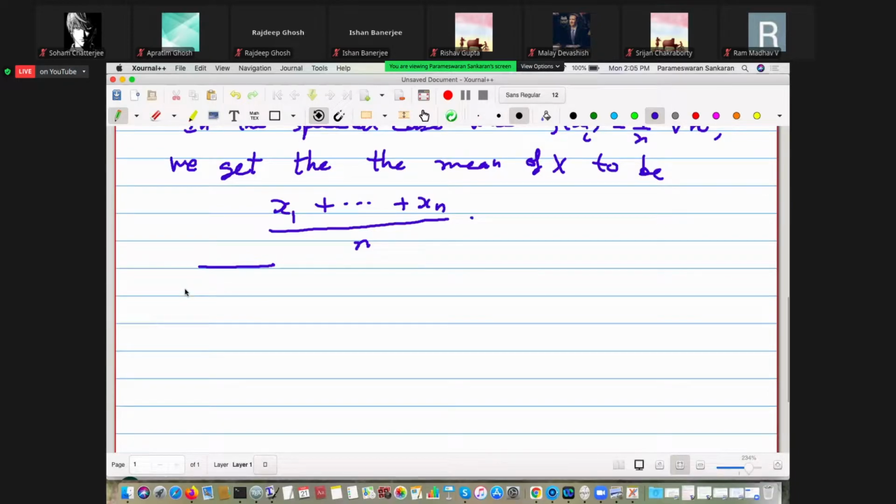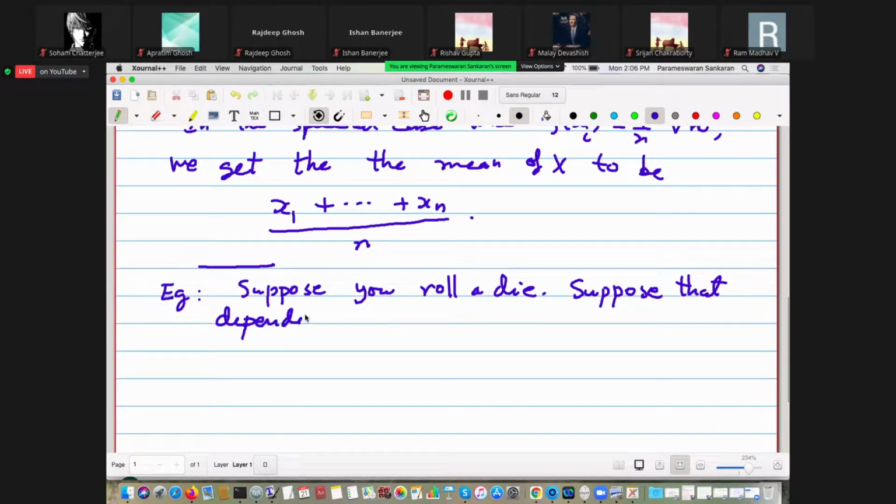So suppose, for example, you roll a die, and suppose that depending on the outcome, you win or lose some money as given below.